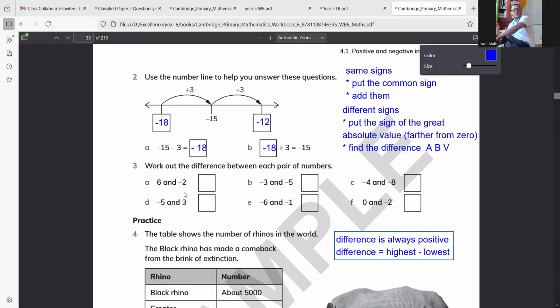Then when I say these numbers, 6 and negative 2, I need the difference between them. Remember, the highest number is 6. Then minus the lowest number. The lowest number is negative 2. And please remember, when you have a double sign, you need to combine them. This will be 6 plus 2, which is equal to 8.